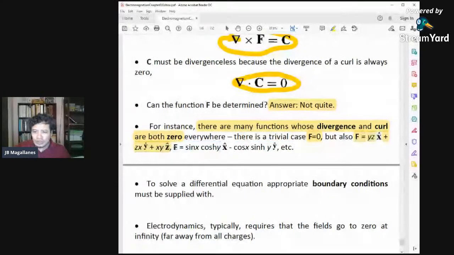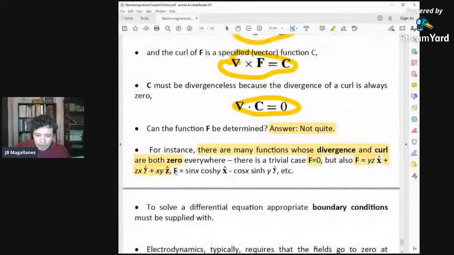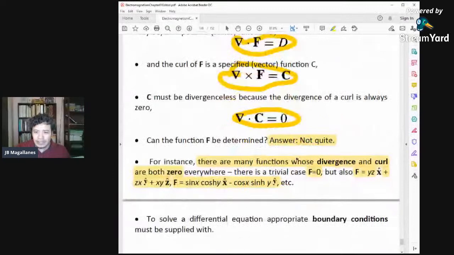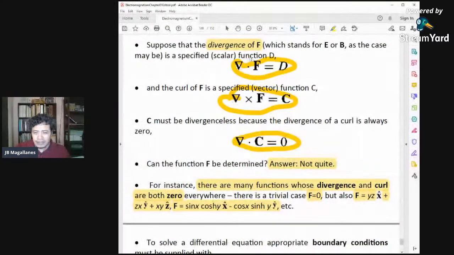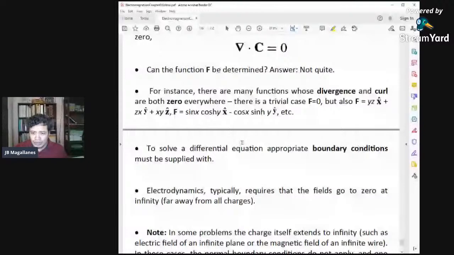This function also gives you zero divergence and curl, and so does this one. So it's not a guarantee that you can find the vector function f with this specification alone. You need another specification called boundary conditions.